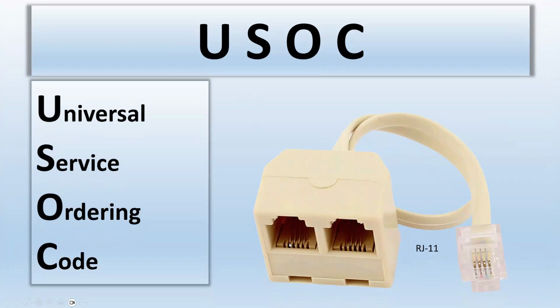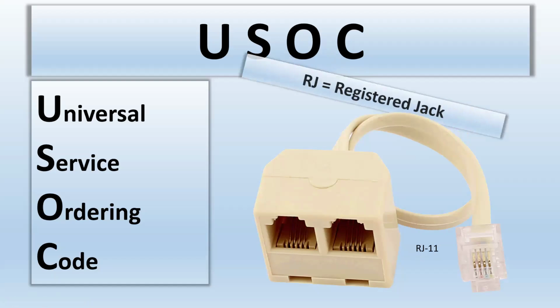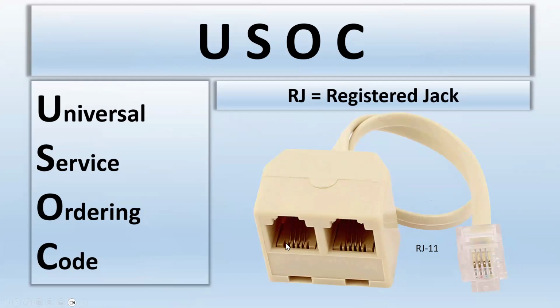Yes, RJ11. You see it has 4 prongs, and the two outside are just empty slots. That's RJ11, registered jack 11, because things had to be standardized, so everybody connects things the same way. And if there were two more prongs here, it would be called RJ12.